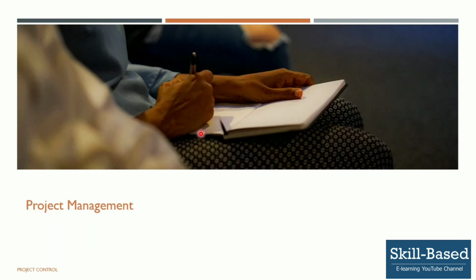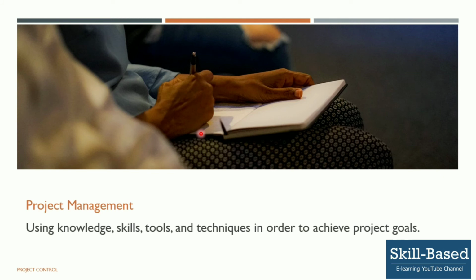And what is project management? This is very tricky, and you need to understand the differences between project control and project management. Project management is using all the knowledge, skills, various tools and techniques in order to achieve the goal of our project.